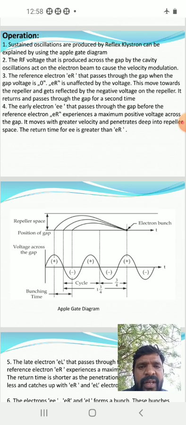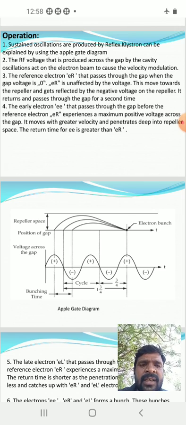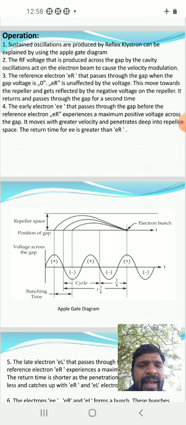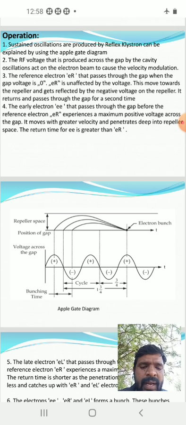Here the RF voltage is produced by the anode cavity, and this can increase the velocity of electrons. So velocity modulation exists.